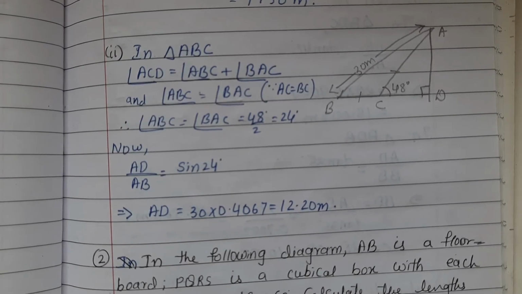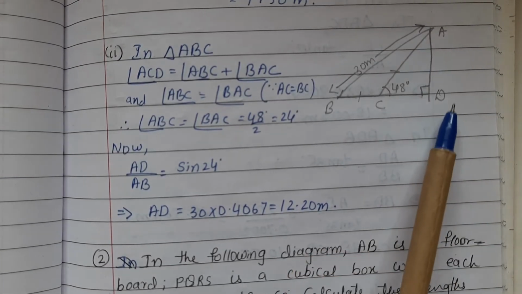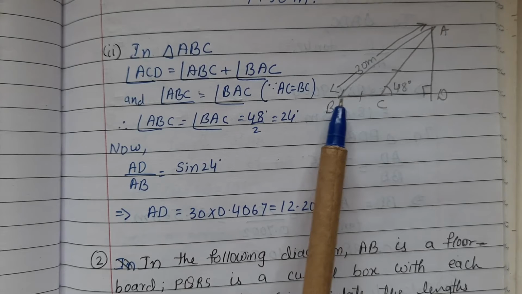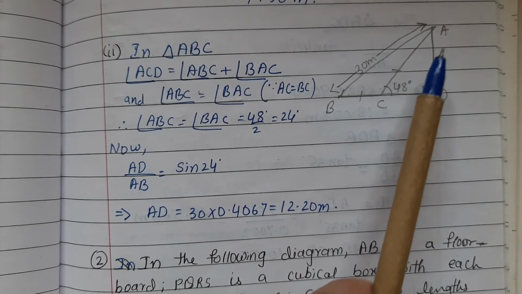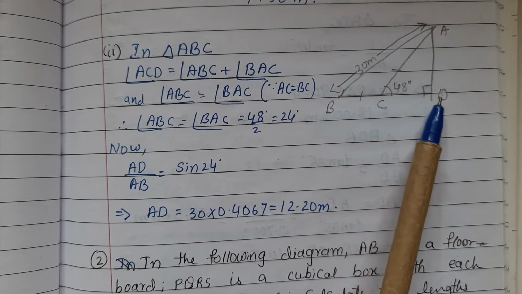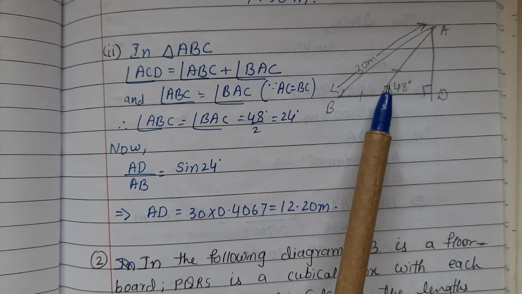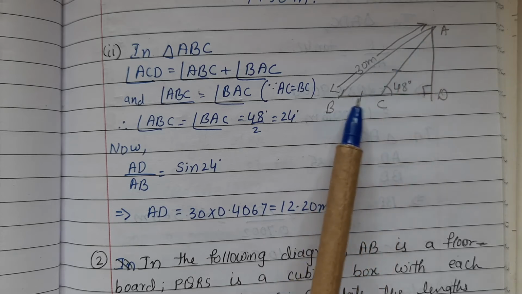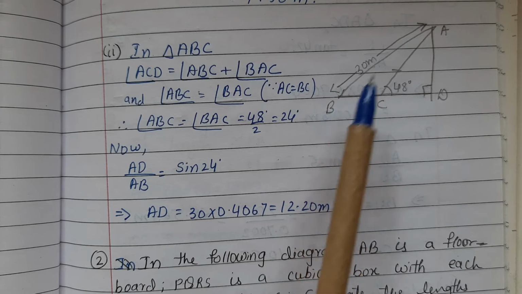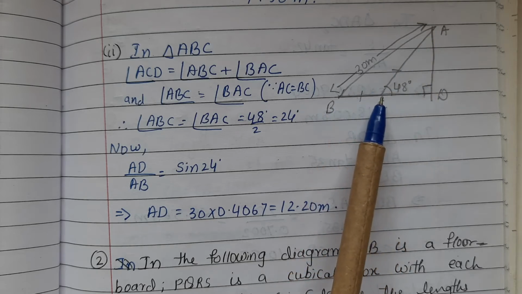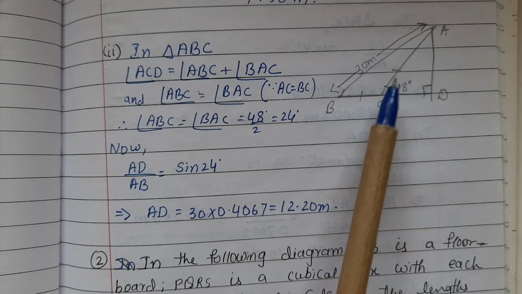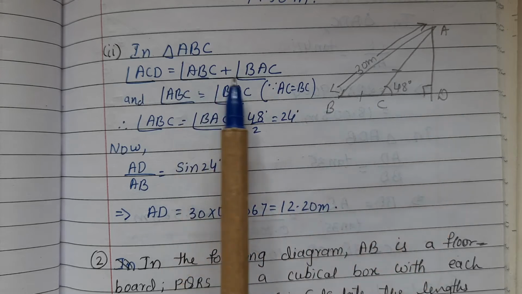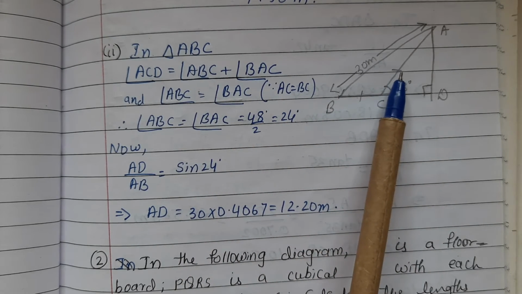Part 2. Find AD. In triangle ABC, angle ACD is an exterior angle for triangle ABC. Therefore, angle ABC plus angle BAC is equal to angle ACD. These two are equal.